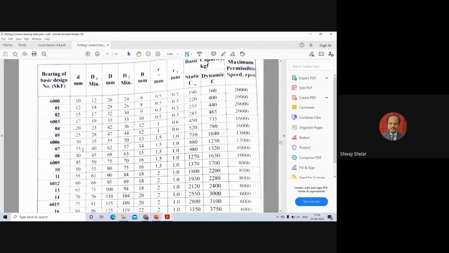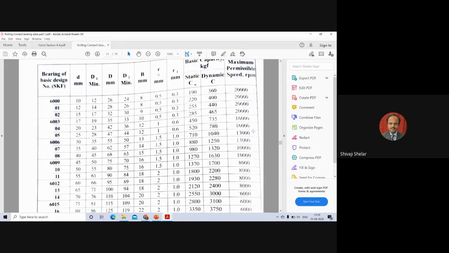A 35 mm diameter cannot be selected because your shaft diameter is bigger, so your bore diameter should be lesser than that. If required, you can enlarge that bore diameter by a boring operation. So if you have 32 diameter, then you have to select this 6006, and we have to check whether it satisfies the static capacity, the dynamic capacity, as well as speed.